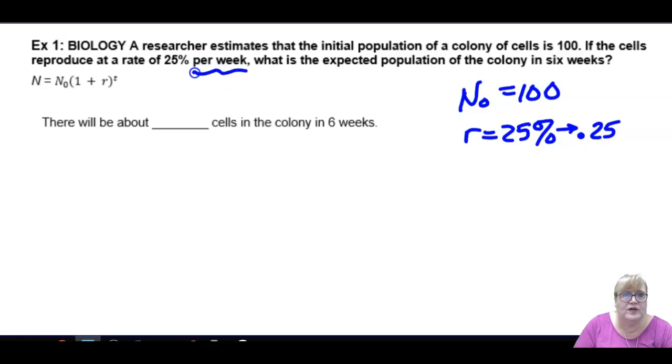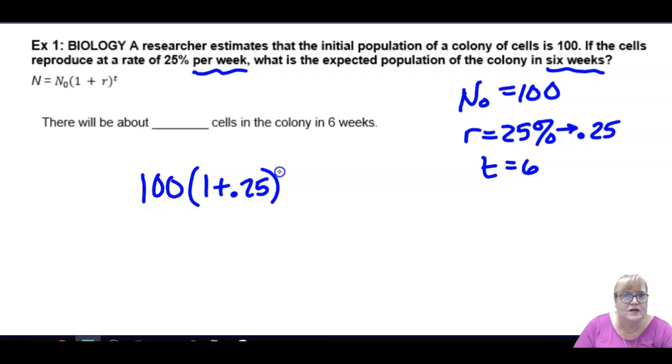Now this is per week, so our time is just 6. So it's 100 times 1 plus 0.25, which you can just type 1.25, to the 6th. We type that in real fast, and we get 381.5, almost 0.5, 0.46. I'm just going to round to the nearest tenth, doesn't matter.